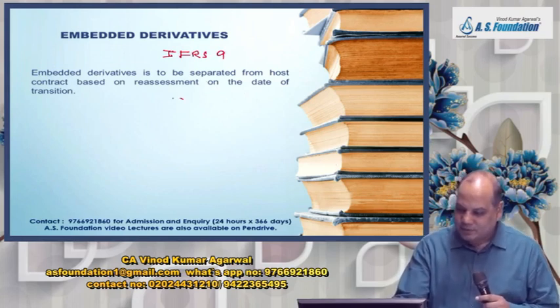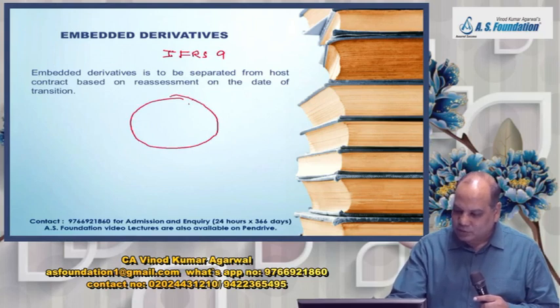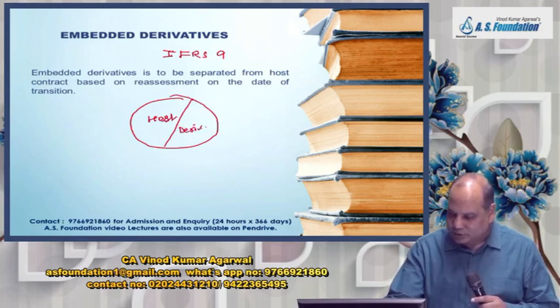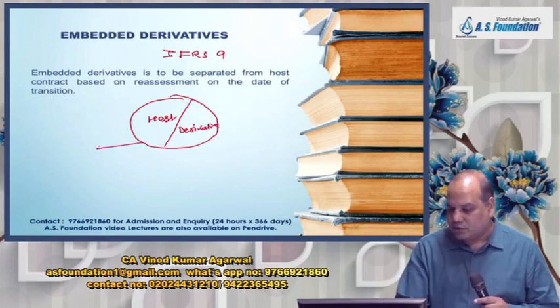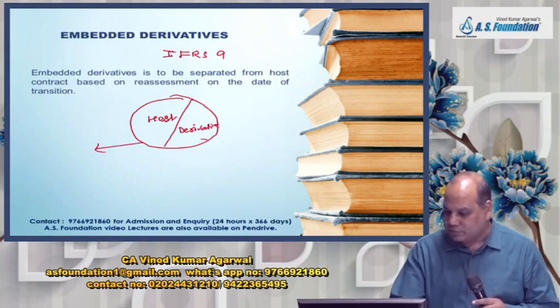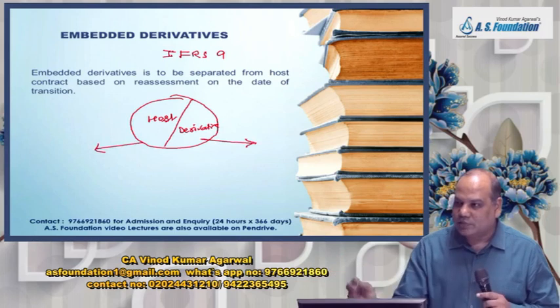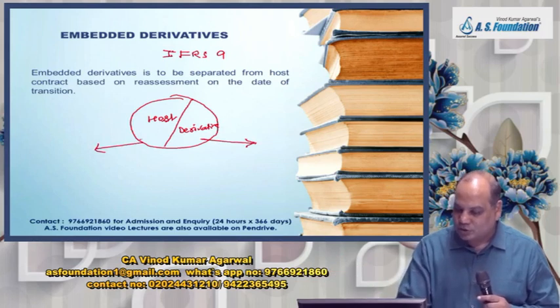Now embedded derivative, what you have learnt in IFRS 9: there is a host contract and there is a derivative. Subject to conditions given in IFRS 9, these two are separated. The derivative is accounted like a derivative, and the host contract is accounted based on its classification.